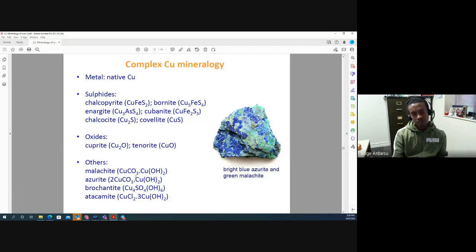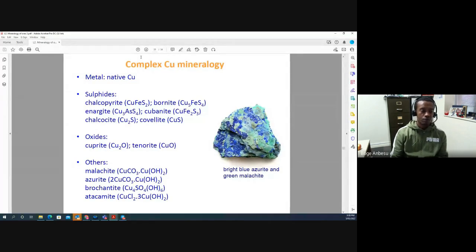So I need to think about how to handle all these varieties of different copper mineralization and account for effective processing. One of the challenges in copper is the presence of various oxides.